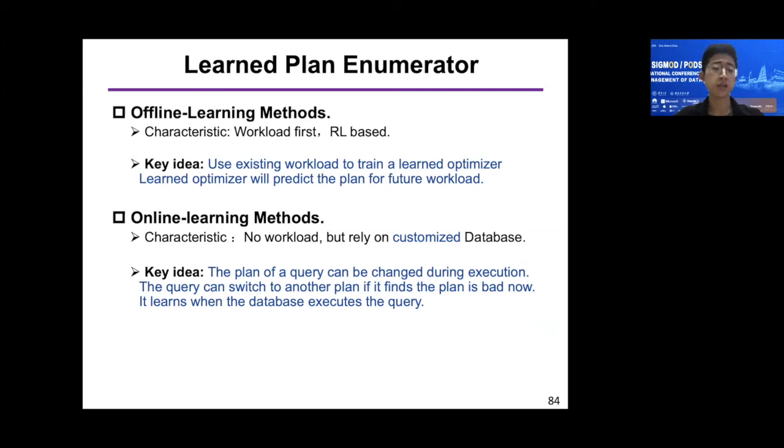The first one is offline. It uses the existing workload to train a learned optimizer, and the learned optimizer will predict the plan for future workload. And another is online methods, in which the plan of a query can be changed during execution, and the query can switch to another plan if it finds a better plan, and it can learn when the database executes the plan.